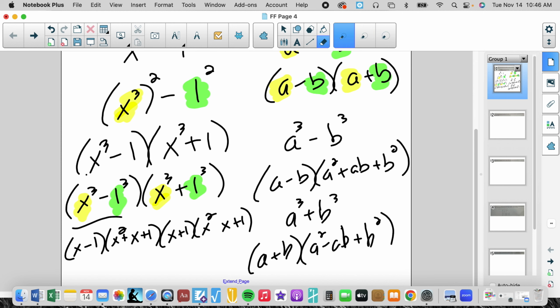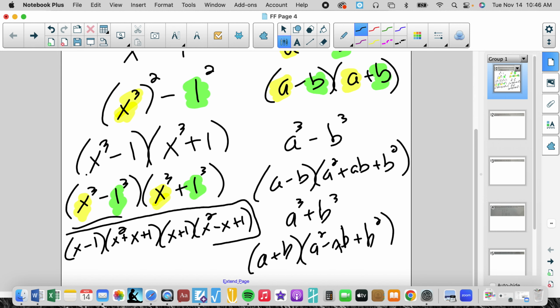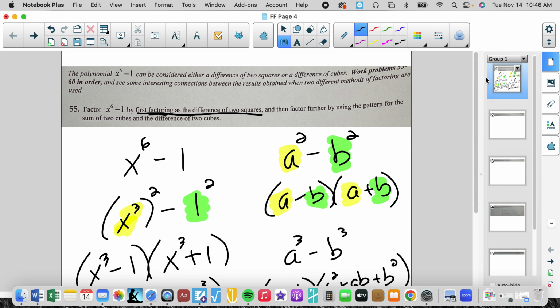That's going to be minus. It has to be the opposite of it. It's the minus part right there. That's an A. So that would be our answer, factored completely out using the difference of squares, and then factor further by the sum of two cubes and the difference of two cubes. So that's how we factored that one.